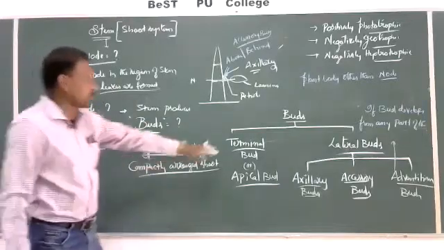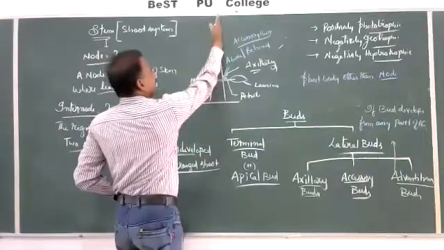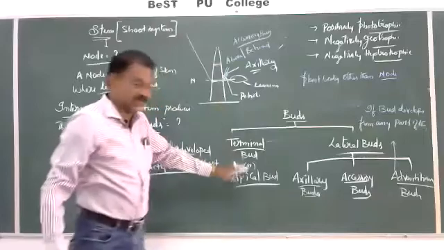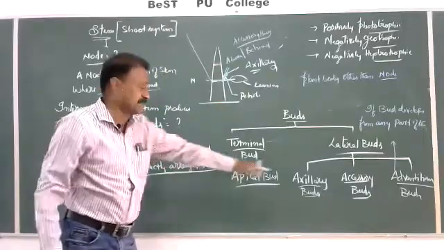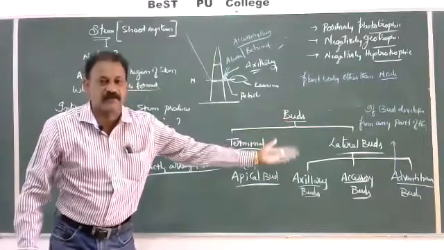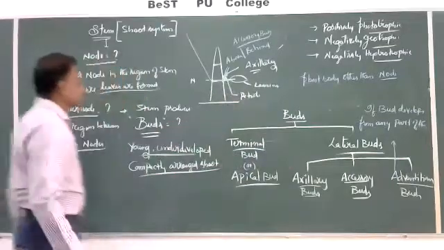Terminal buds are responsible for the growth of the stem or growth of the branches. Axillary buds may develop into floral buds, vegetative buds, variously.